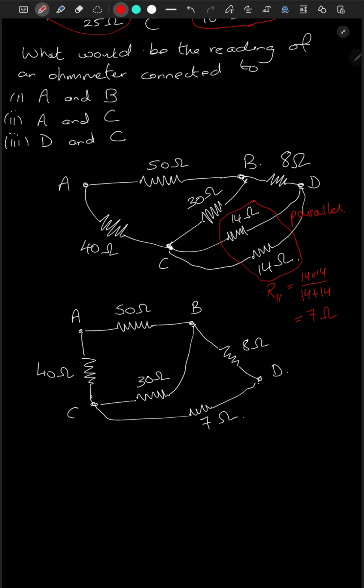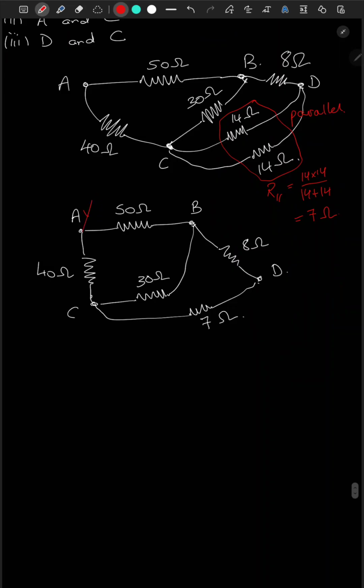So now again, if a current flows in this circuit from A to B, it will travel here. The same current will flow here. When it reaches C, it would go in 2 different branches, and the same current will flow from C to D and to B. So it is the same current which will pass through the 8 ohm resistor.